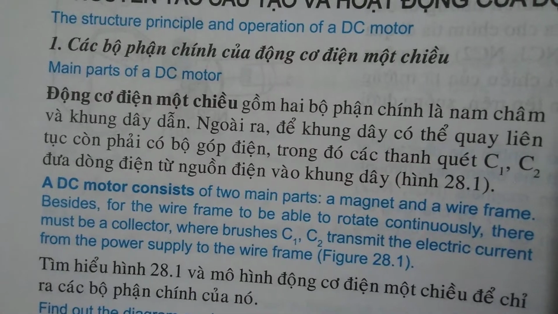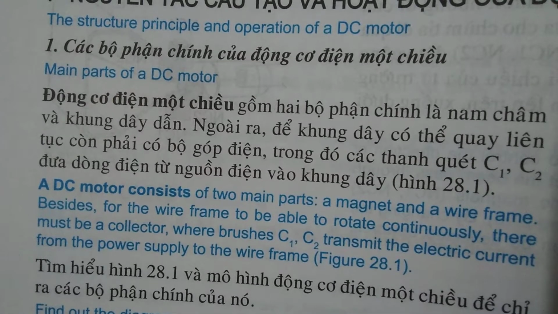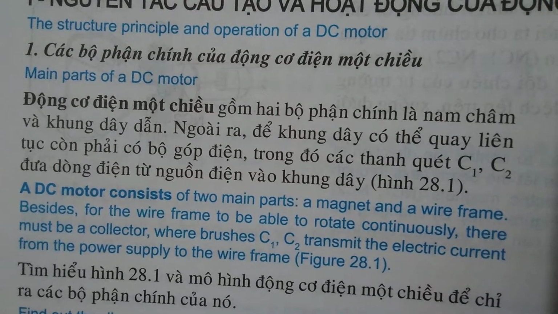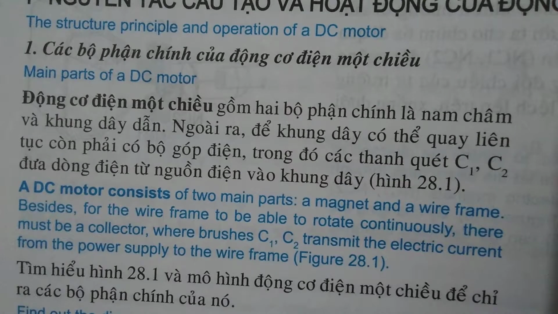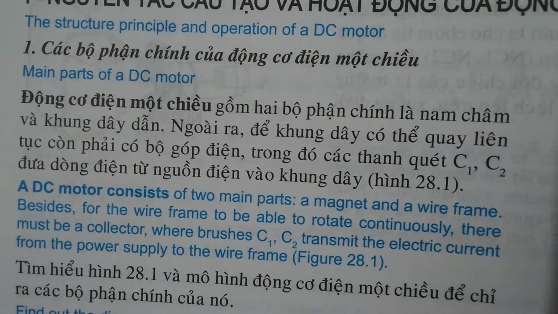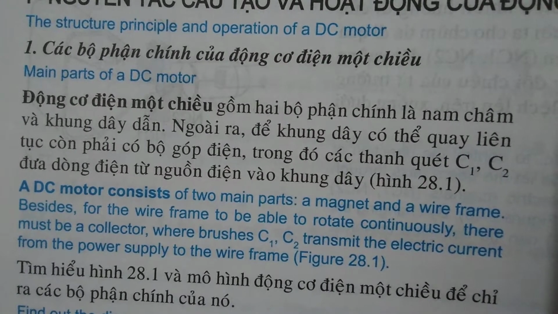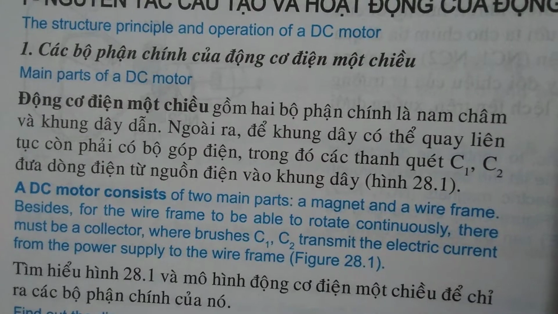Besides, for the wire frame to be able to rotate continuously, there must be a collector where brushes C1, C2 transmit the electric current from the power supply to the wire frame.